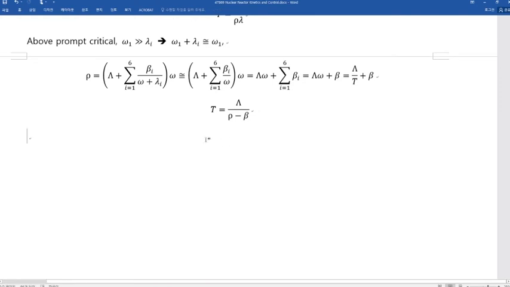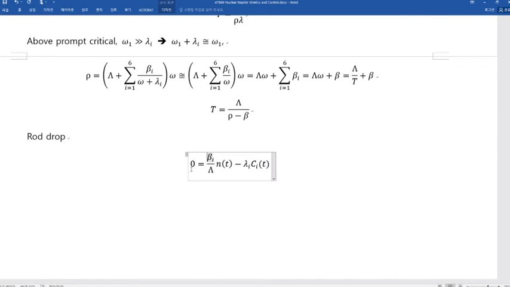So we're going to consider the rod drop case. For steady state condition, this change of concentration will be 0.